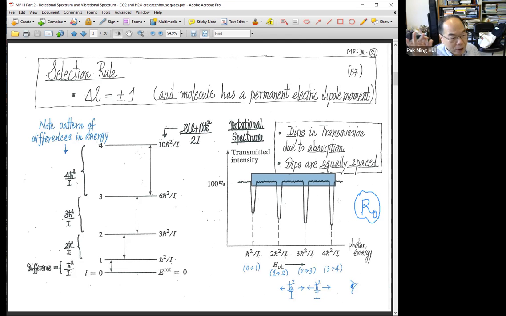And microwave frequency is not expensive. I mean, you don't need a lot of research funding to buy an apparatus. Well, you have a microwave oven at home, only a few hundred dollars. Okay, here I invoked a selection rule. Delta L is plus or minus 1. I will have a little bit more to say later.